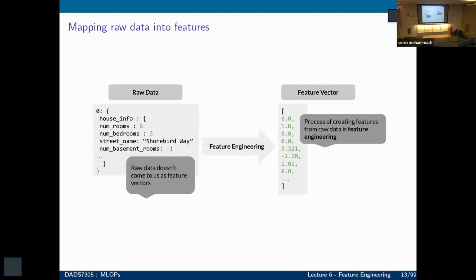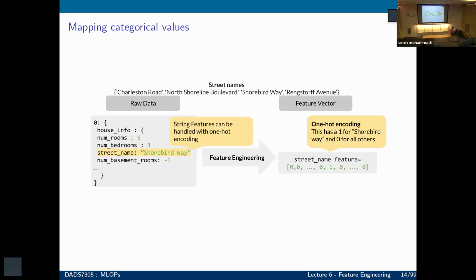Now, in general, your goal is that whatever your raw data, you have to map it to some sort of numerical representation for your model, because models normally require a numerical vector. These days we don't do one-hot encoding much, but it's just an example.